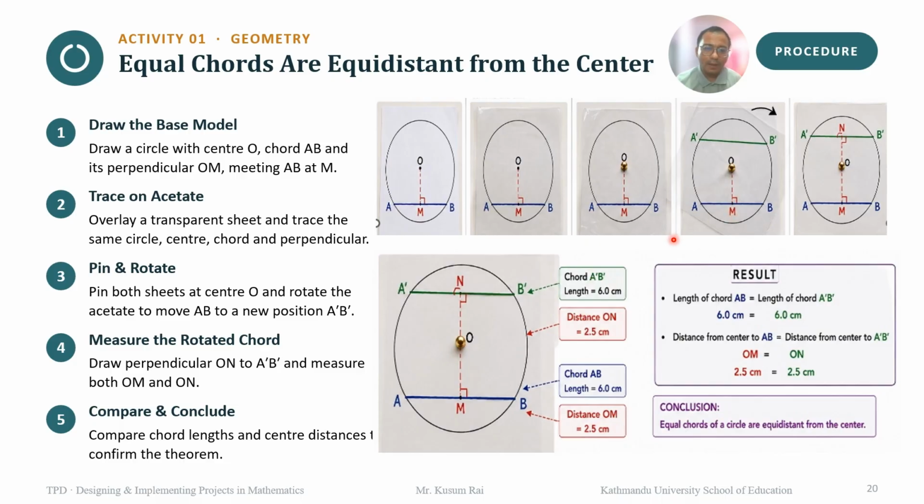And then we have to measure the distances OM and ON also, like here. By measuring, we have to fill in and find the result in our worksheet. So without delay, I would like to show that worksheet. These are distributed to your group or individually.